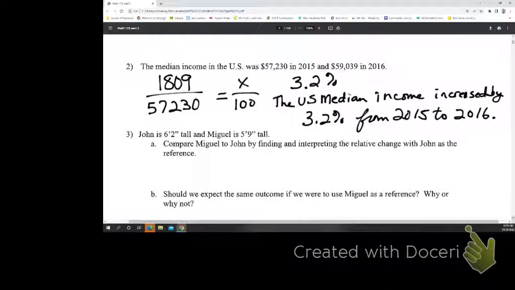So if I told you I got a $1,000 raise, to me that sounds pretty good. To someone else, a $1,000 raise would not even be inflation. But if someone made $200,000, that $1,000 raise, the relative percent would be small. So sometimes it's going to give us different kinds of information, right?